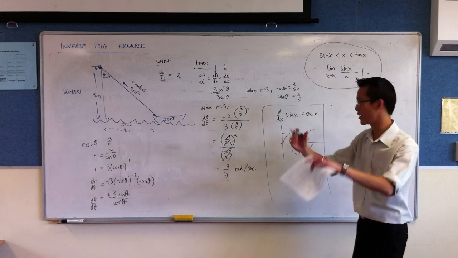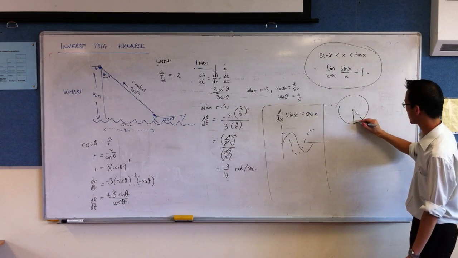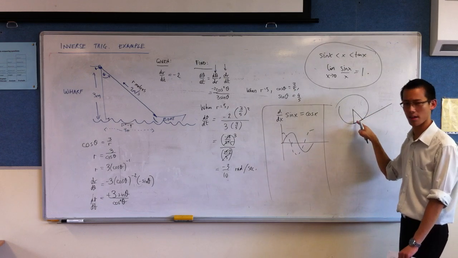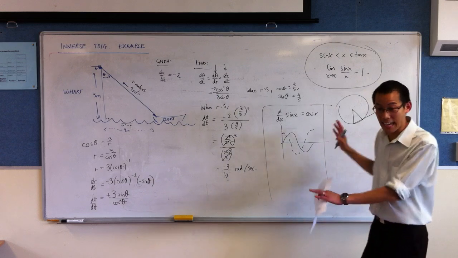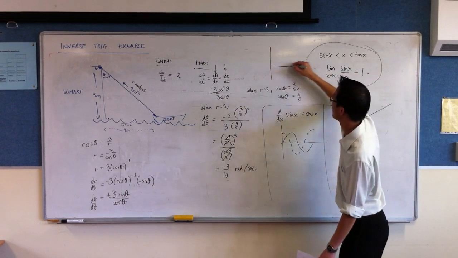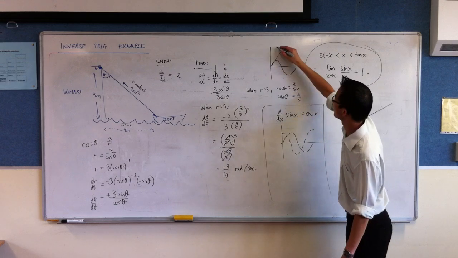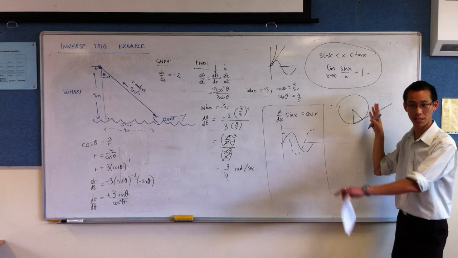They came from the size of an angle, and you had this circle, and there was a sector here, and the triangle was getting smaller than the sector, and so on. You can look back in your notes if you want, but the key is that these results, which look like they're a graphing thing really, sine x and then x and then tan x, they really come from looking at the area of a circle in different parts of it.